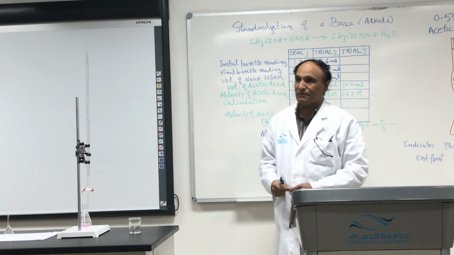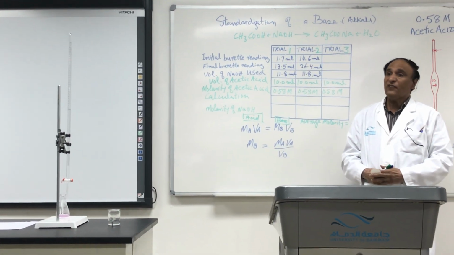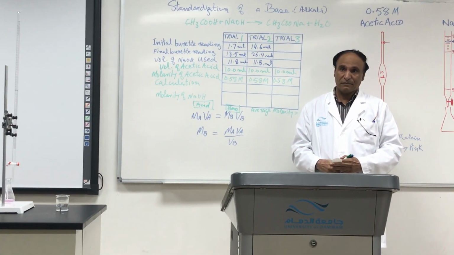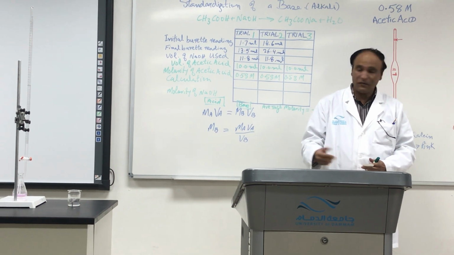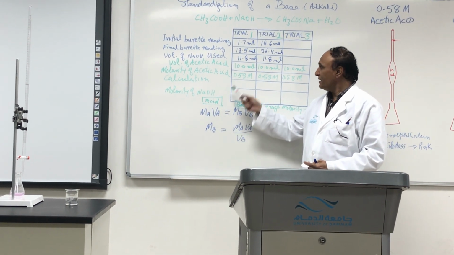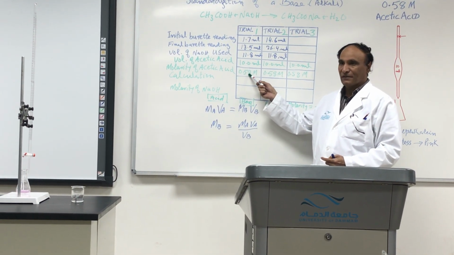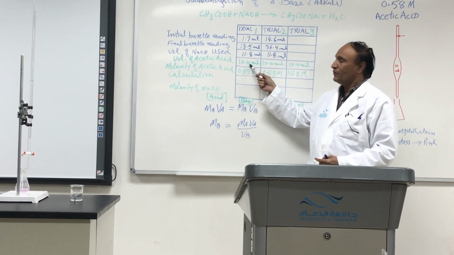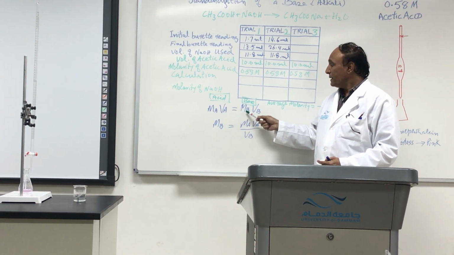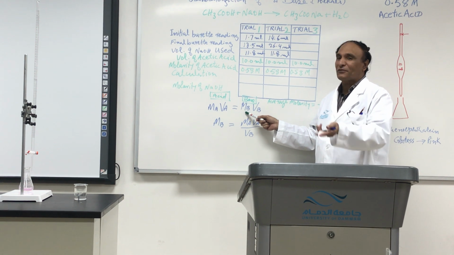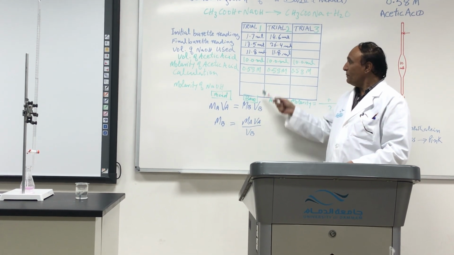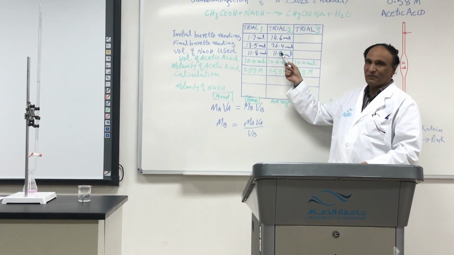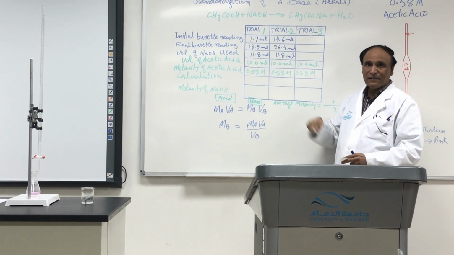How many things are there? 4. And if I know 3, the fourth I can find. Molarity of the acid we know, 0.58. Volume of the acid we know, 10. Molarity of the base we want to calculate. Volume of the base, 11.8. Is that right?